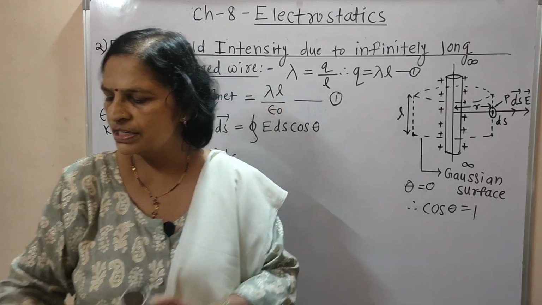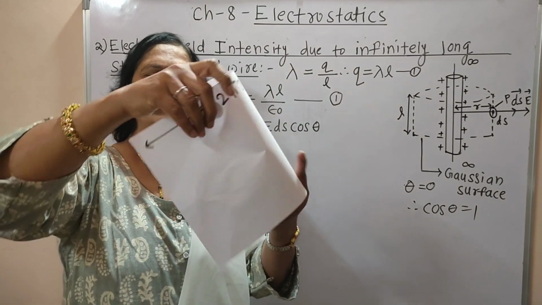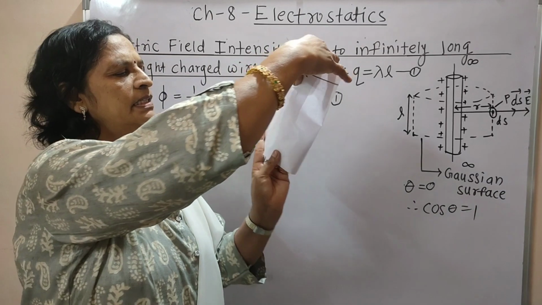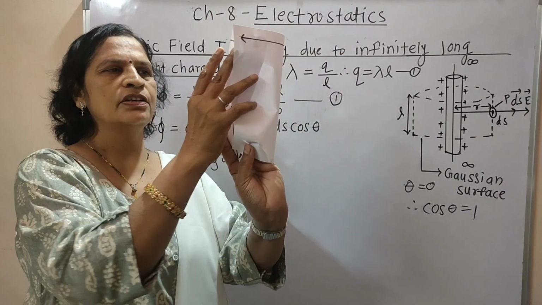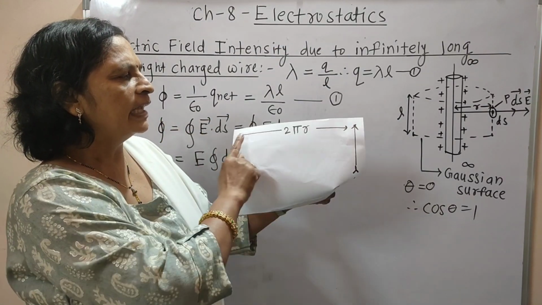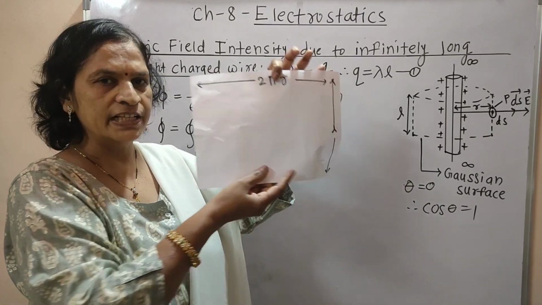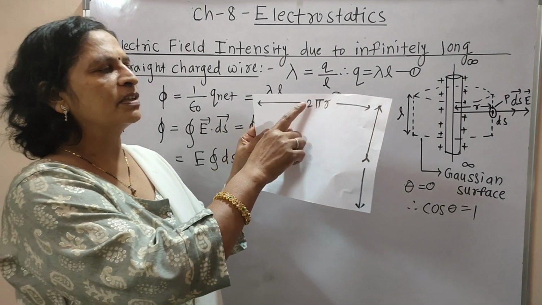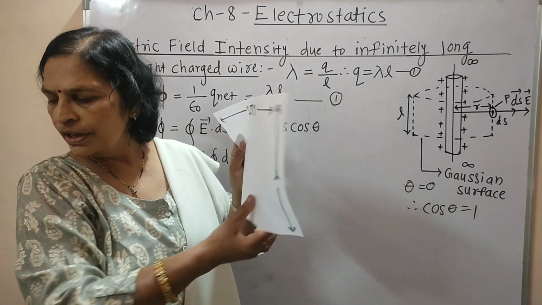If L is the length and r is the radius of this Gaussian cylinder, then 2 pi r is the length and L is the breadth, so the area of this curved surface is 2 pi r into L.